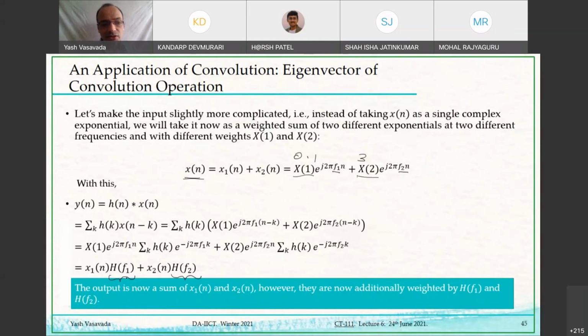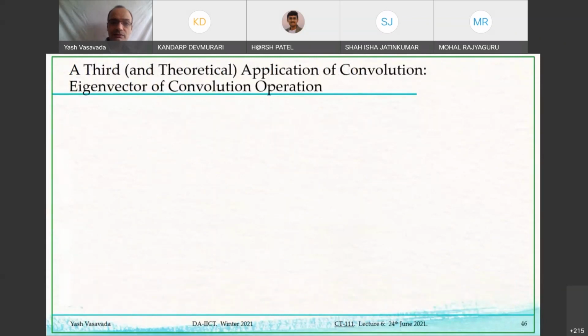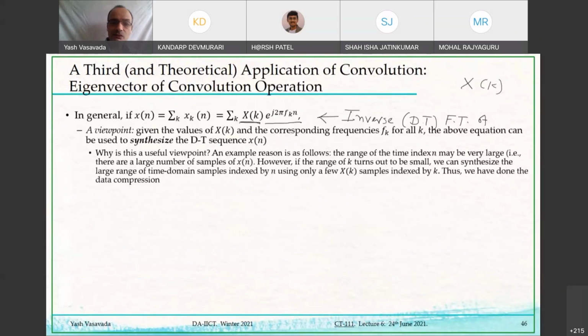It additionally got further weighted by h of f1 and h of f2. If I extend it to this slide, what will happen? Sorry, it will be summation of xi and weighted by h of fi.